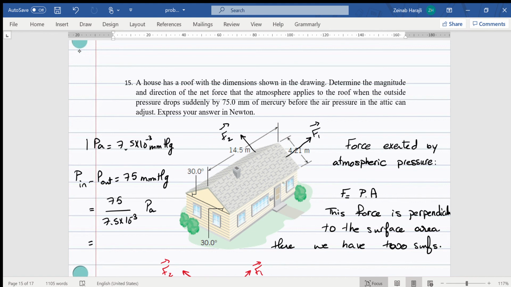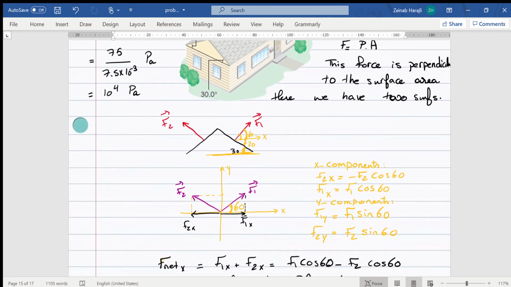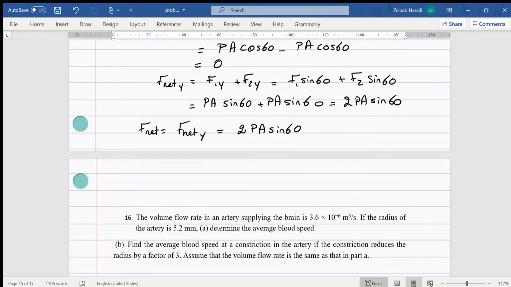And we can see that this gives us a value of 10 power 4 Pascal.